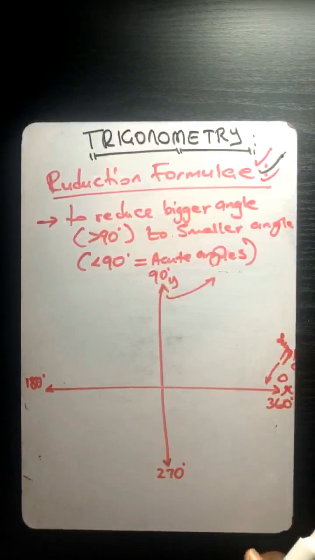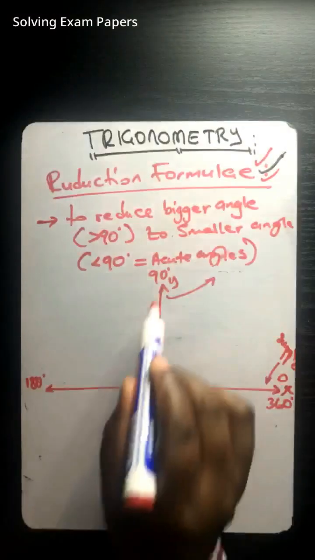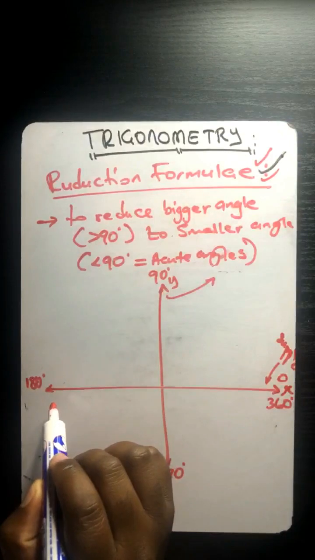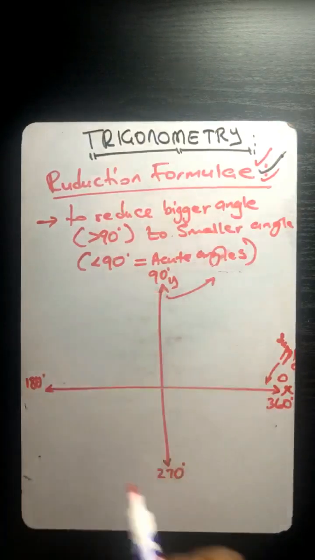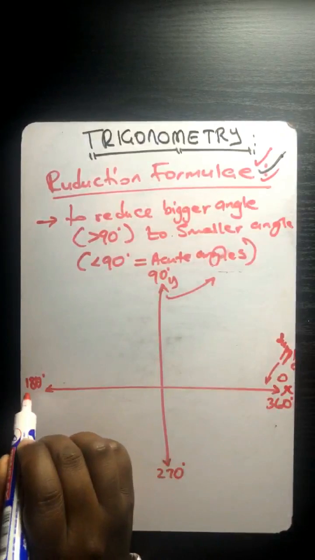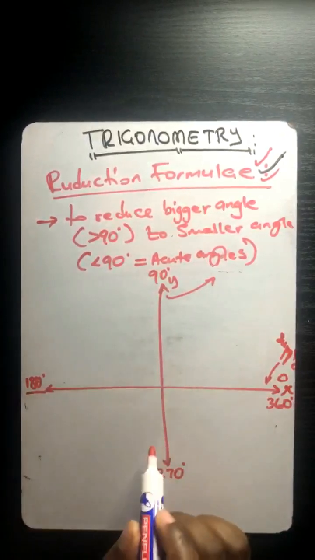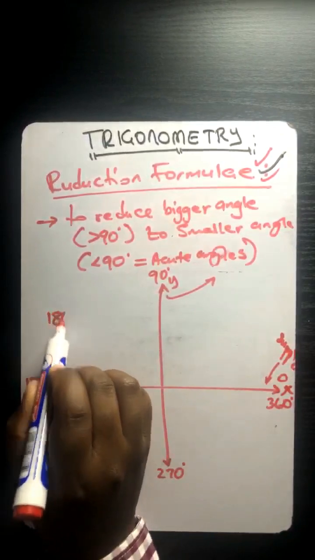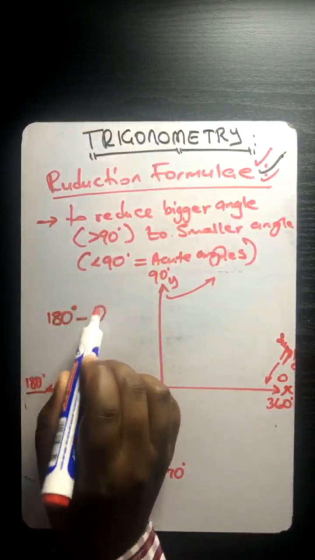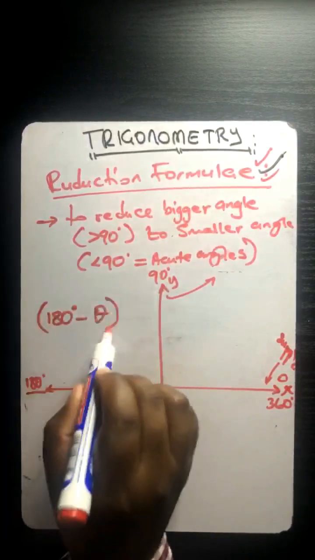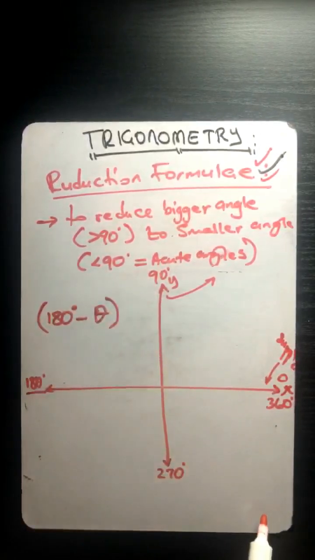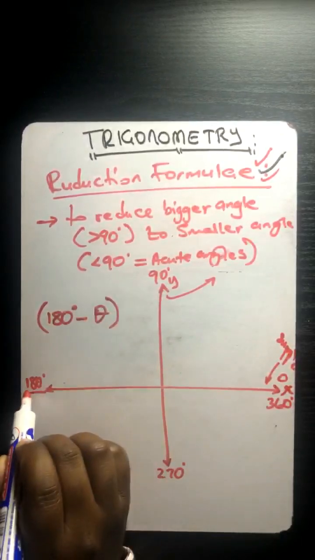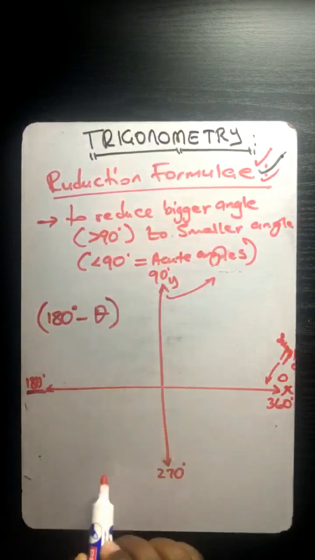For now, all the angles falling in the second quadrant, it's going to be this minus whatever the angle is. So you have 180 degrees minus, let's use angle theta. This is a reduction formula. This minus takes you back to the second quadrant.